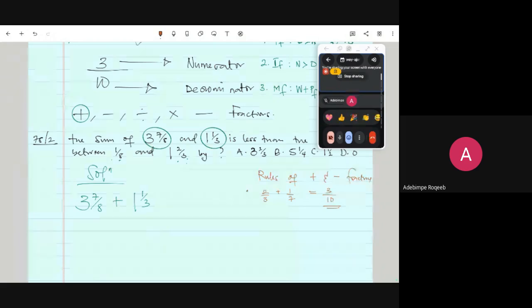To add fractions together, you can't do this. Nowhere in the world can you do this. Because 2 over 3 is like saying I have something like this, and I want to add it to something else.